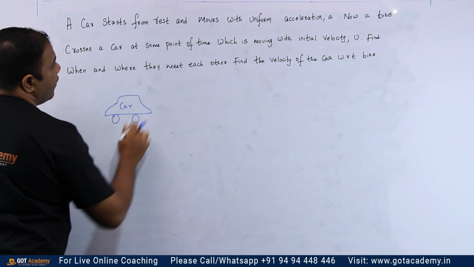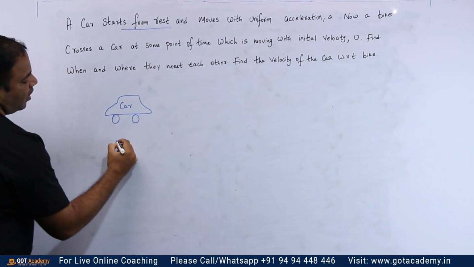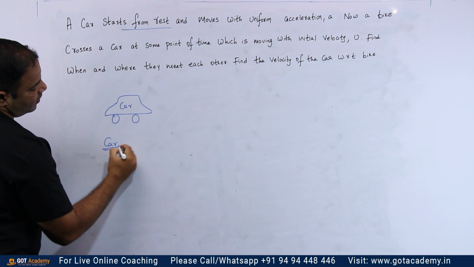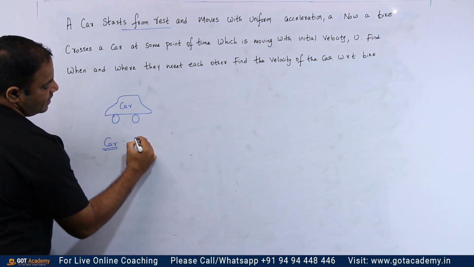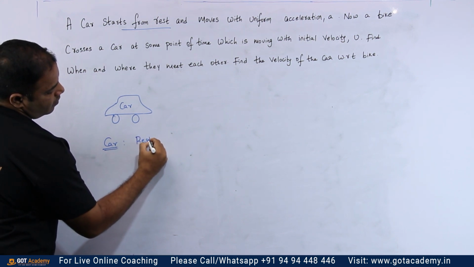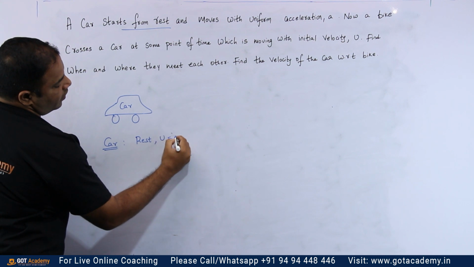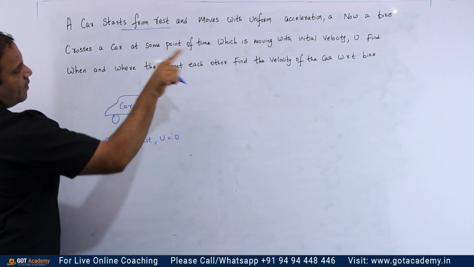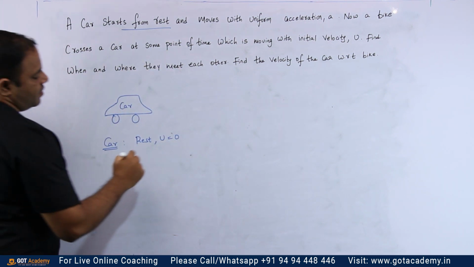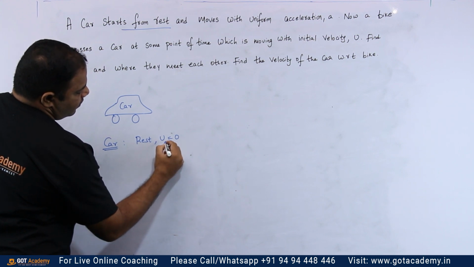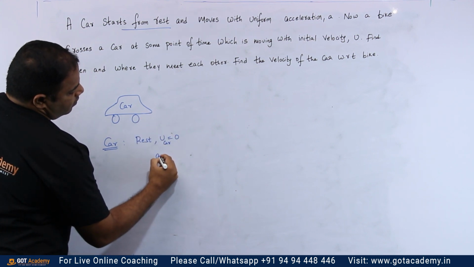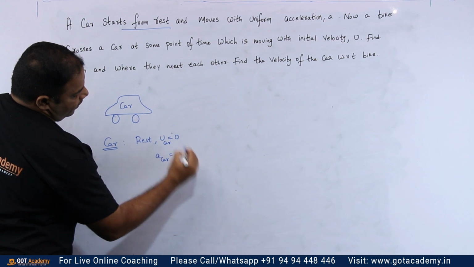The car is starting from rest and moves with a uniform acceleration. So the initial velocity of the car is 0, and the acceleration of the car is a.